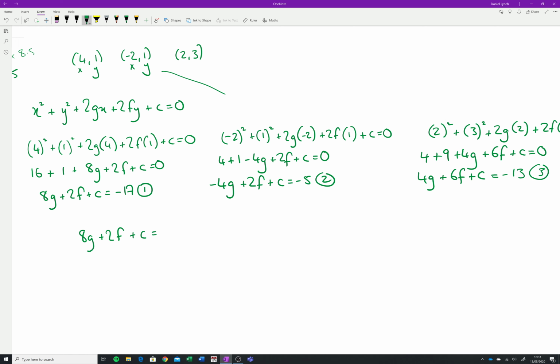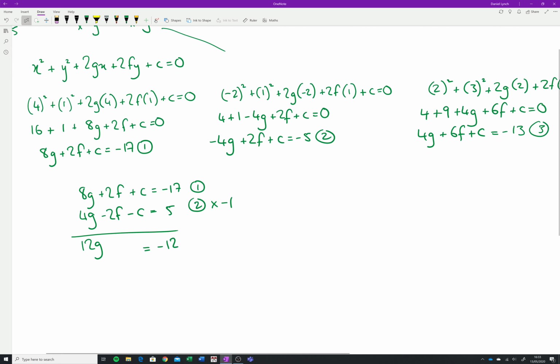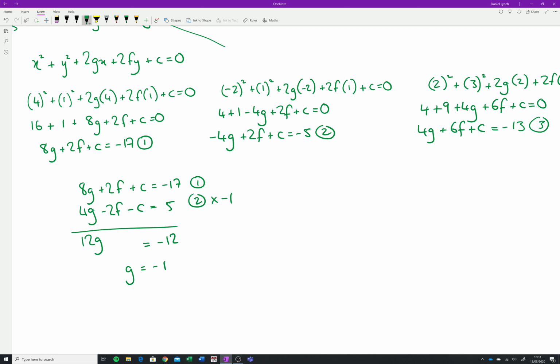So we'll leave that first equation, and we'll take the second one and multiply by minus 1. We get 4g minus 2f minus c is equal to 5. So we end up getting 12g, no f's or c's, which is excellent, is equal to minus 12. So we get that g is equal to minus 1.